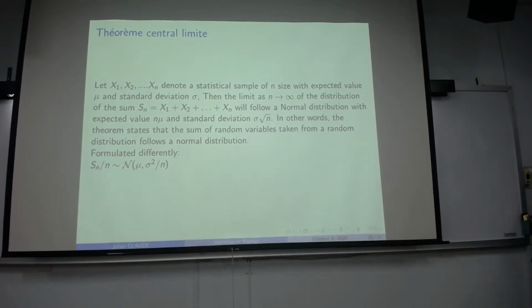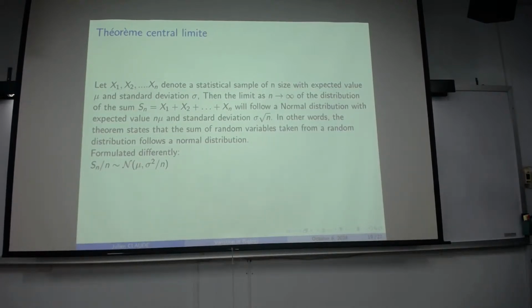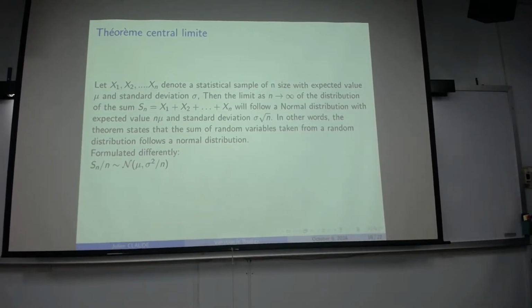But if, in addition, we know the variation, and we are here to study variation, and the variation among measurements follows the standard deviation sigma, the standard deviation, I will explain later what it is. Then not only do we know the behavior of the central tendency for the sum, which will be n mu, but I will also be able to know the distribution of the sum. The distribution of that sum will follow a normal distribution.